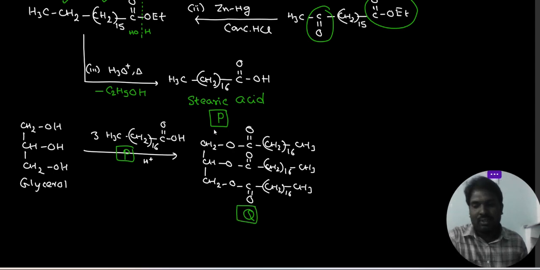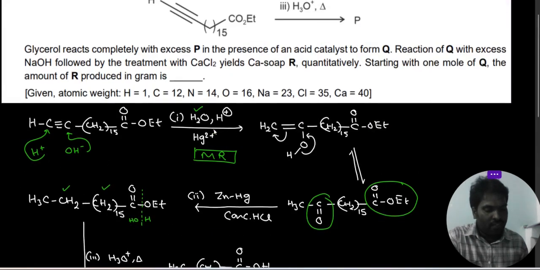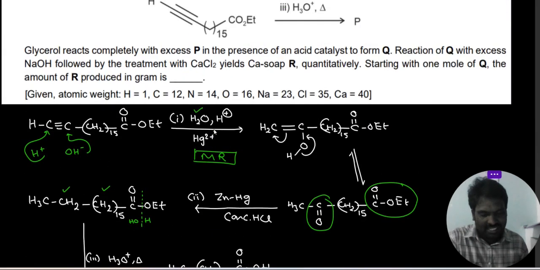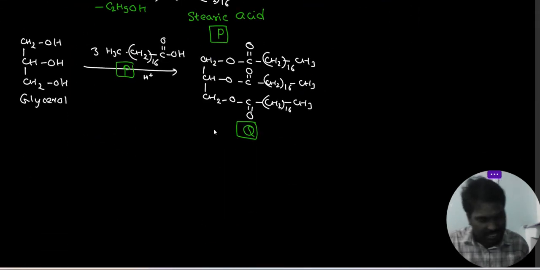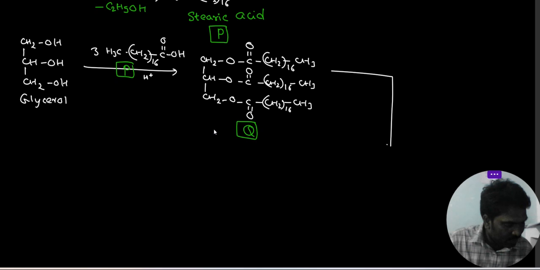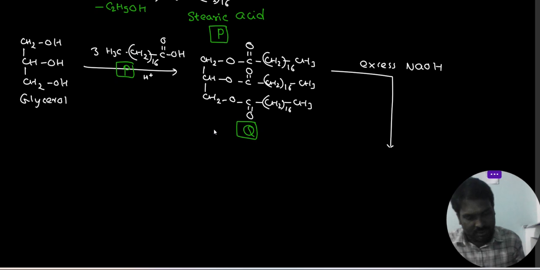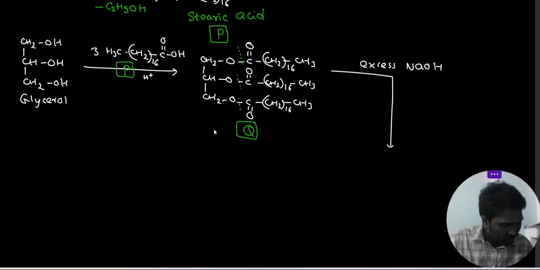Now next one. When this Q reacts with excess NaOH, excess NaOH means you can take 3 moles of NaOH to break it. Then which compound is formed?